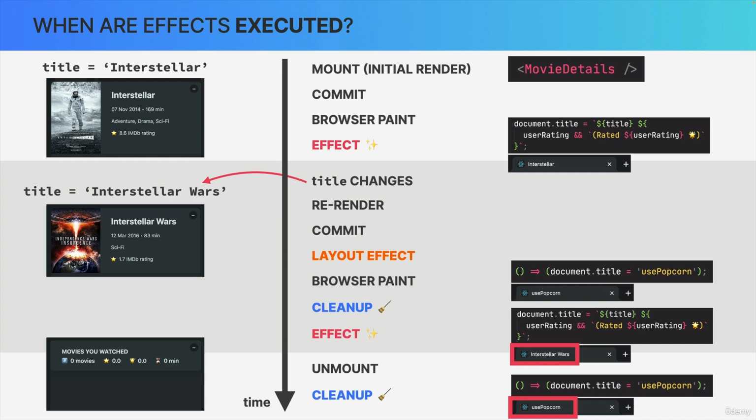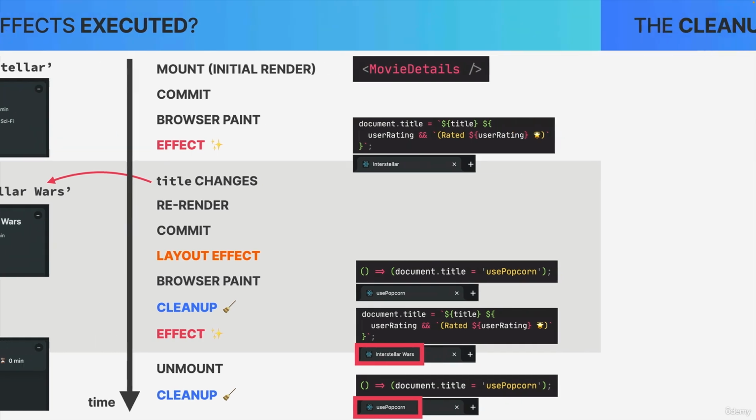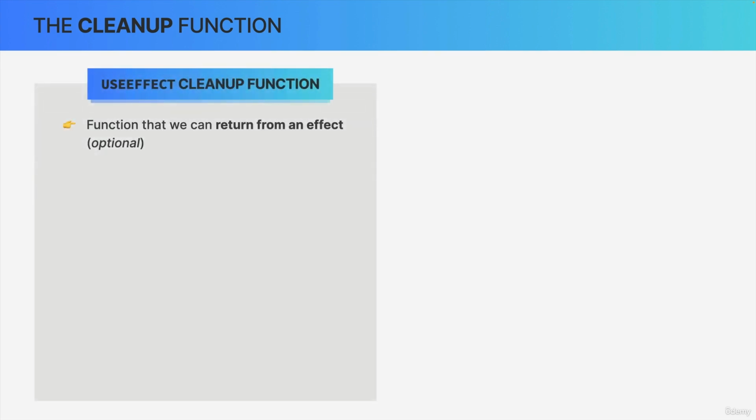So let's recap this important new information that we just learned. So the cleanup function is a function that we can return from an effect. And I say can because the cleanup function is optional. So we don't have to return one from the effect. Now the cleanup function will run on two occasions.